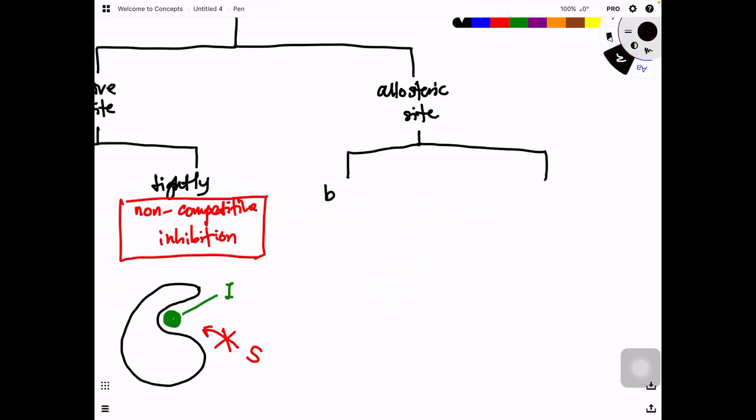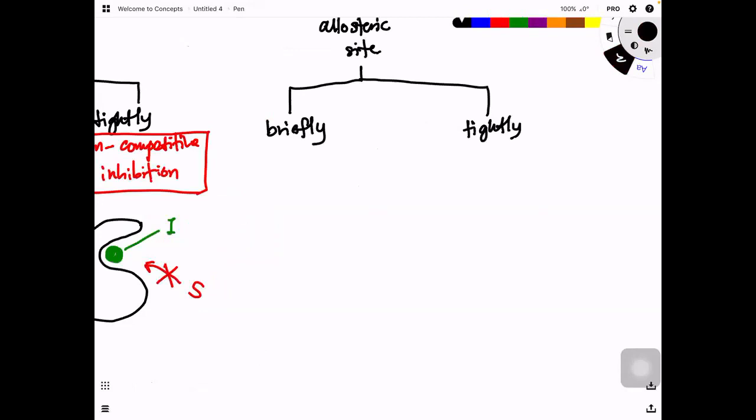So it can bind either briefly or tightly, permanently. But again, because they bind to the allosteric site, this is my enzyme. The inhibitor will bind here.